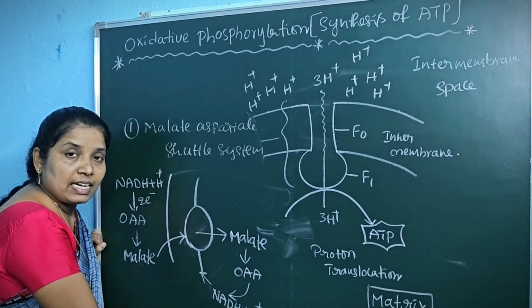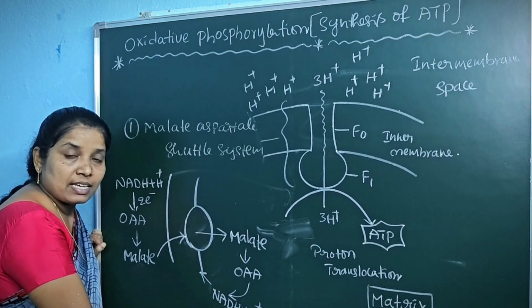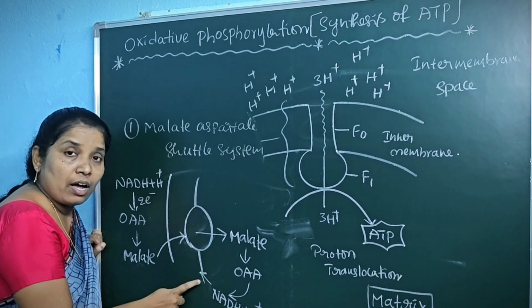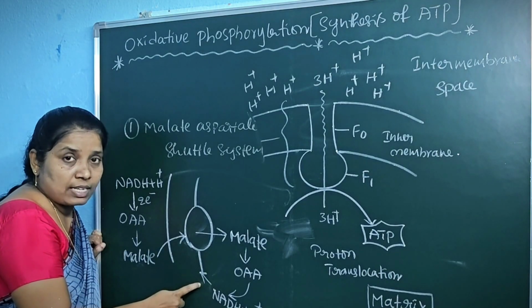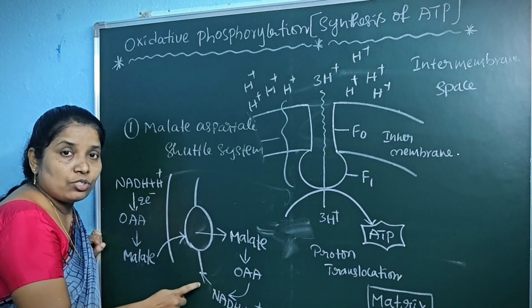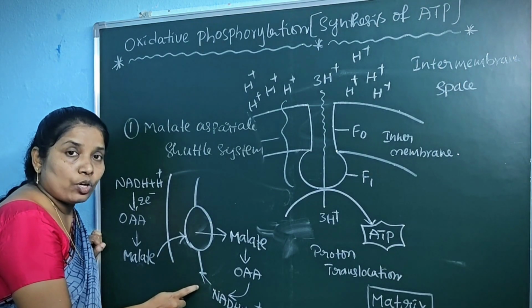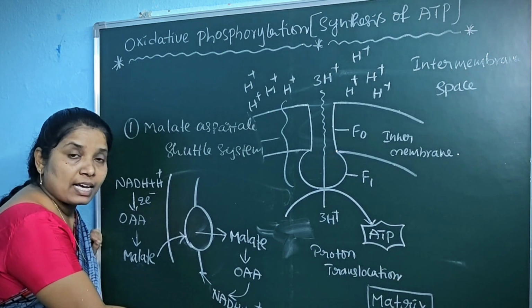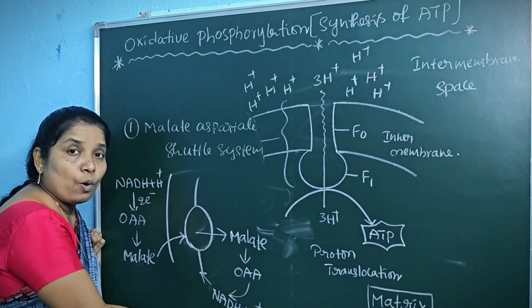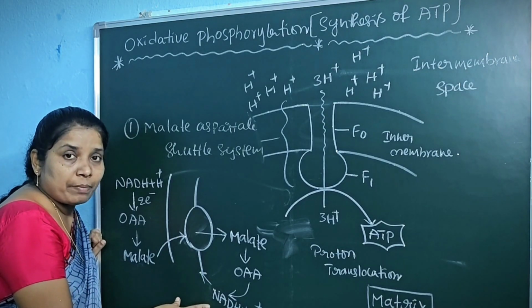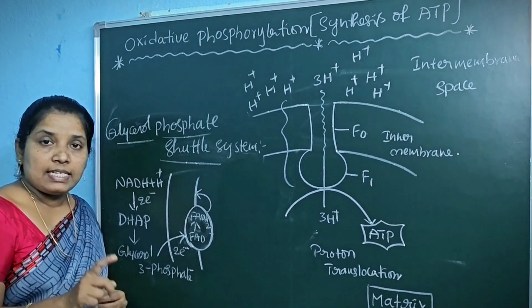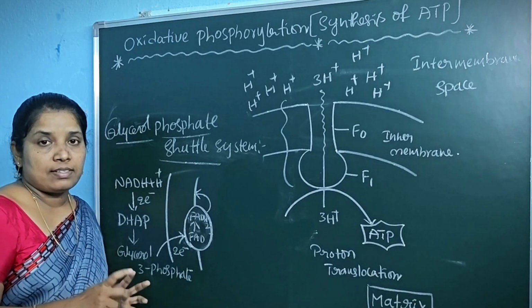This regenerated NADH plus H plus can enter into the electron transport chain directly through the quinone cycle. Directly through the coenzyme Q from the cytoplasmic NADH plus H plus, only 6 protons are generated in the intermembrane space.